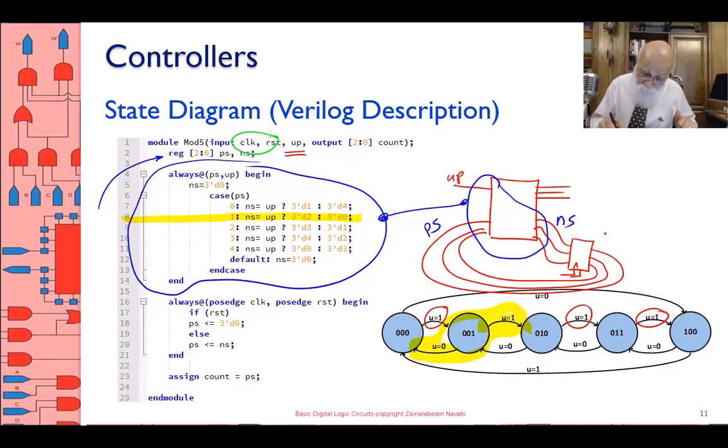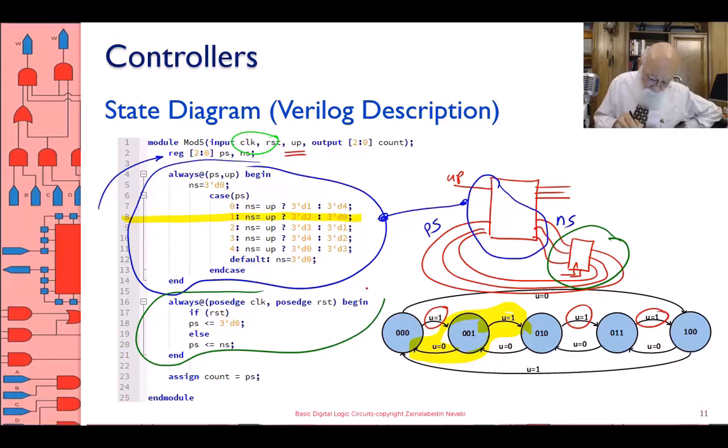This state diagram translates to a combinational part in blue and a sequential part, which I'm going to show you in dark green. What does that do? On the clock, next state clocks into the present state. We have already seen flip-flop Verilog descriptions, where you consider the resetting, the setting, and the control of the flip-flops.